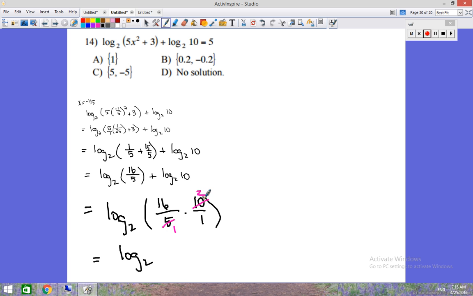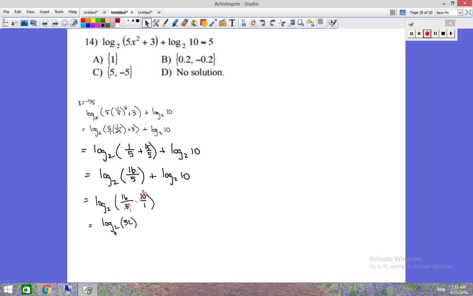So we have that 16 times 2 is 32. Now the question is, is log base 2 of 32 equal to 5? Well, it is equal to 5 because 2 to the 5th power is 32. So the negative 1/5 checks.